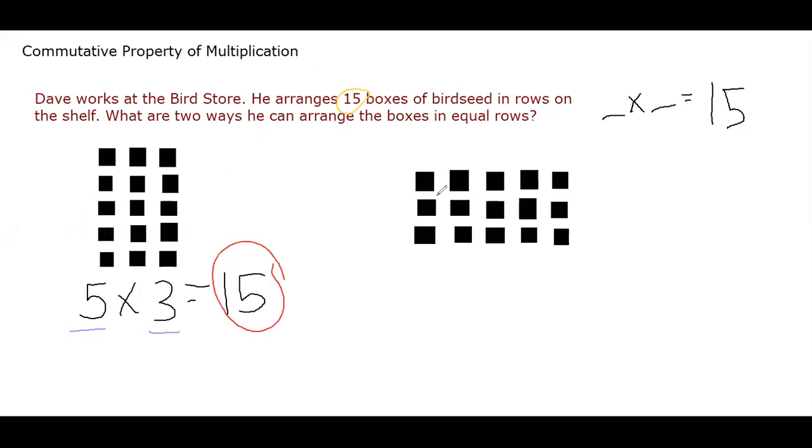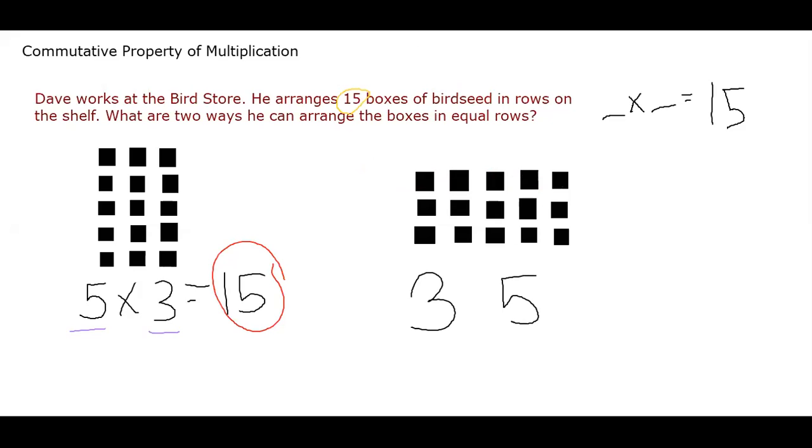If we look at the number of rows, we have 1, 2, 3 rows. So our first factor in this case is going to be a 3. And I have in each row 1, 2, 3, 4, 5. So my next factor is going to be a 5.